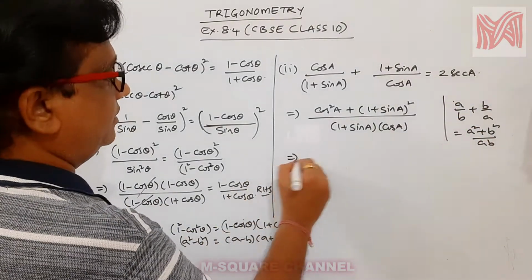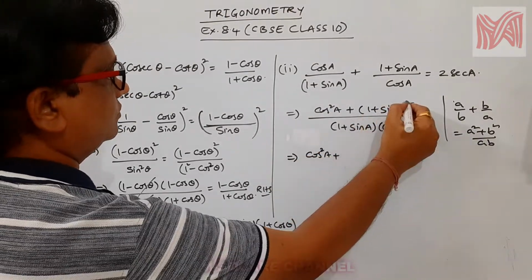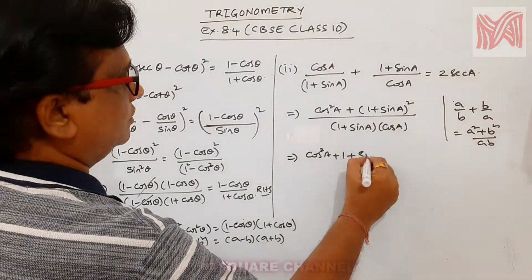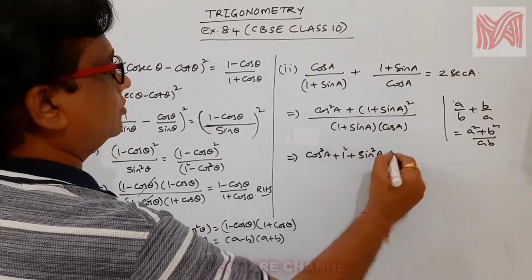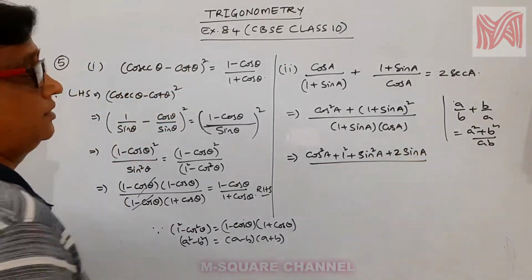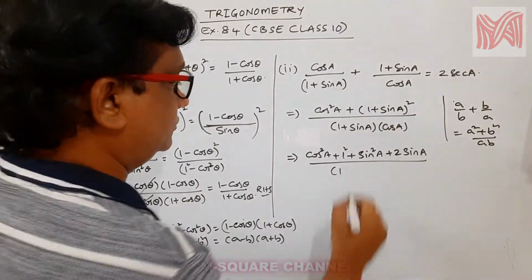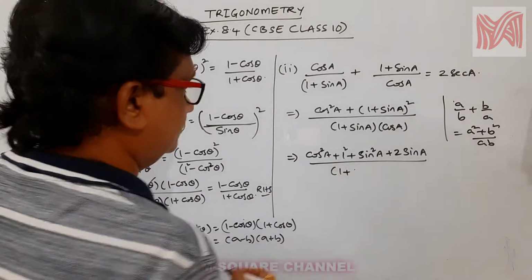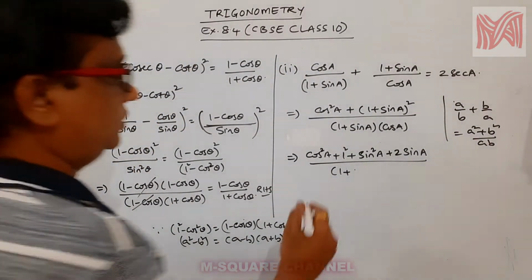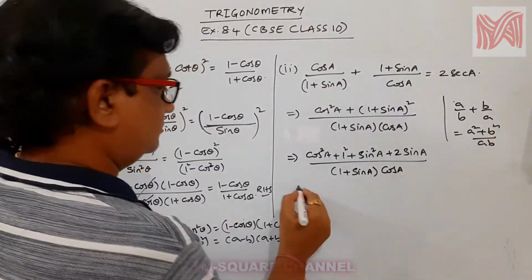So this one is cos square a, and this is (a plus b) whole square: 1 plus sin a, so 1 square is 1, plus sin square a plus 2 sin a, over 1 plus sin a into cos a.